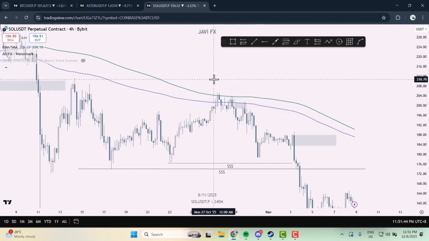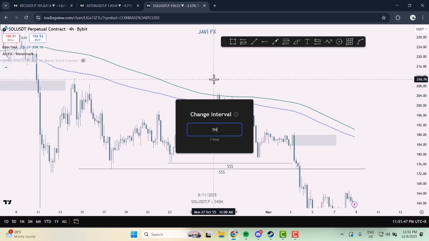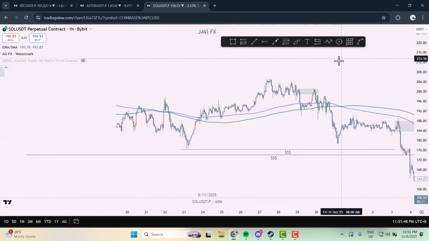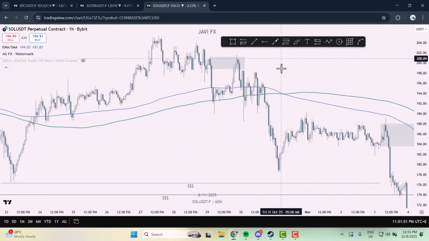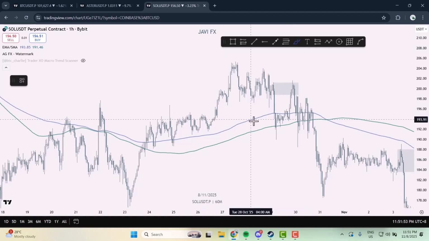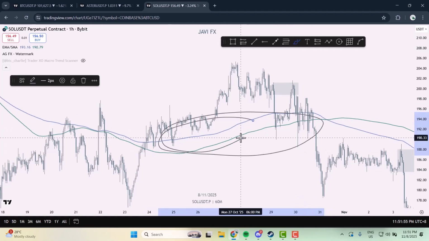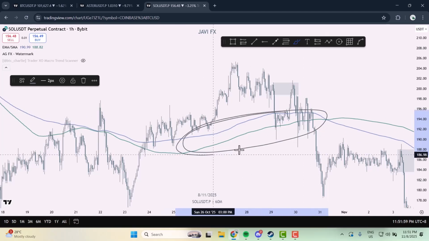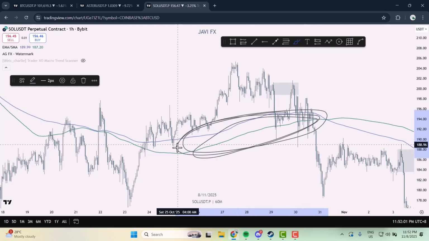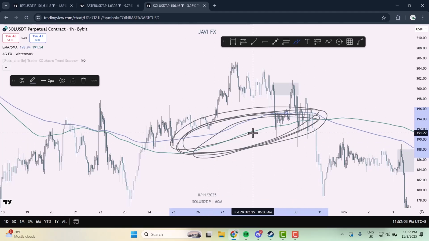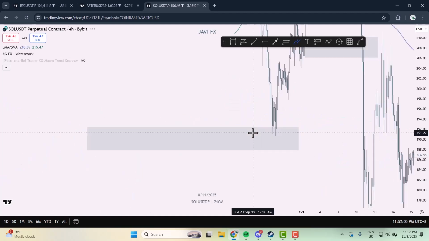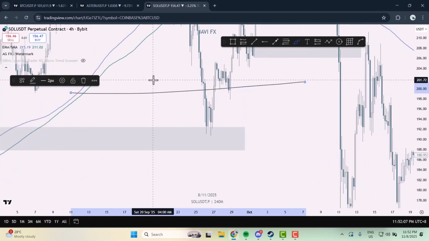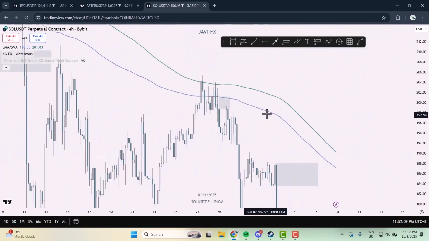So a good entry on the 1-hour time frame. Here's something I want to teach you guys. Despite technically being in a bullish moving average trend, the higher time frame is obviously respected even more.